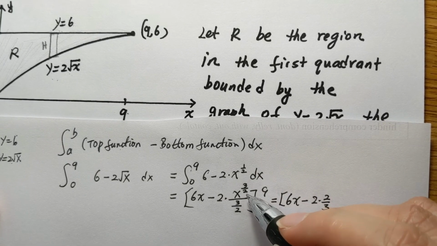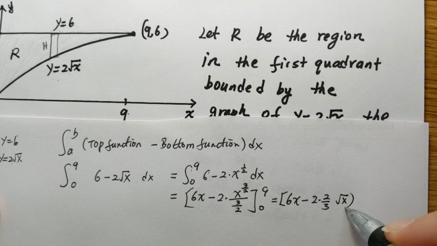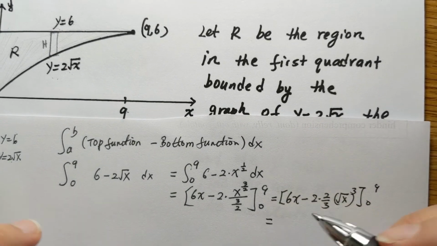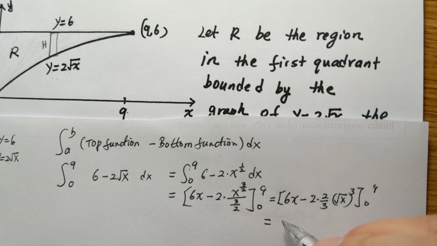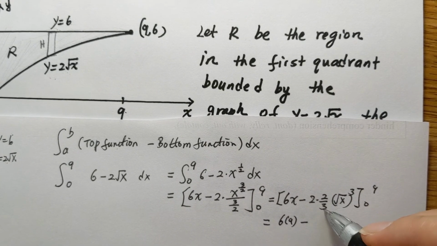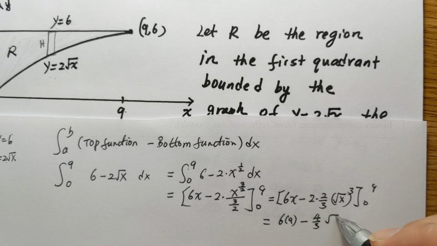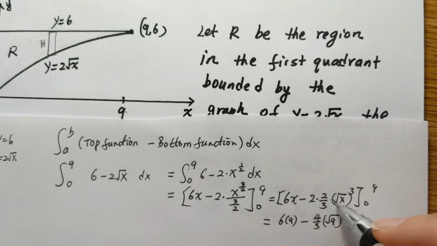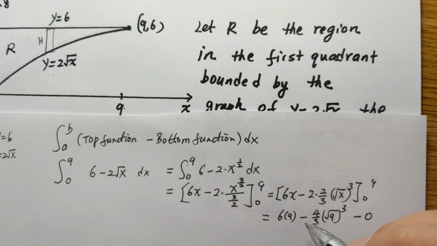This is going to be the square root of x to the third power. Now we substitute: 6 times 9 minus 4 over 3 times the square root of 9 to the third power, and subtract the value at 0, so minus 0.